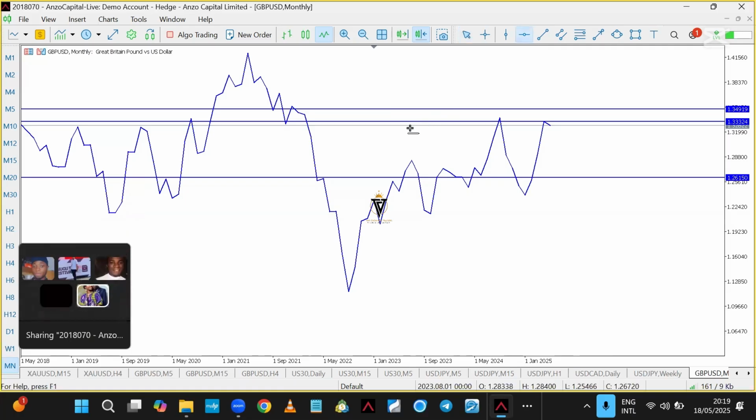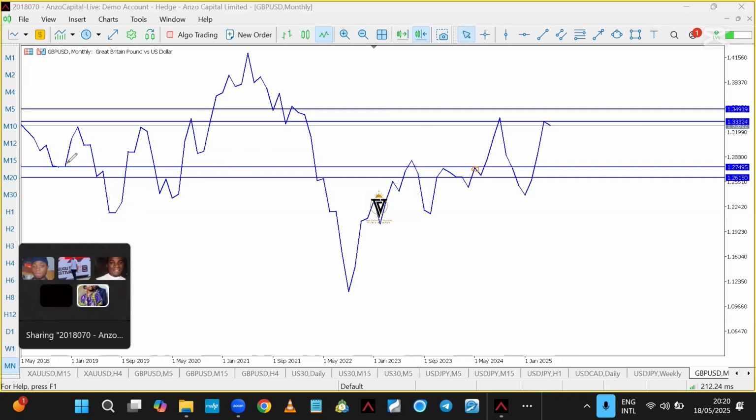What else? Looking for more levels. All right. See this. This is another level here. See here and here. Okay.